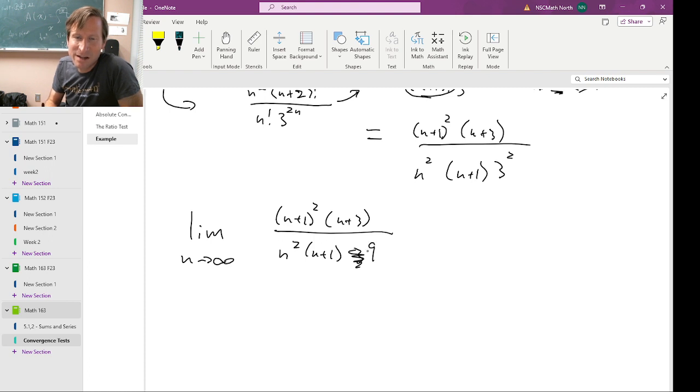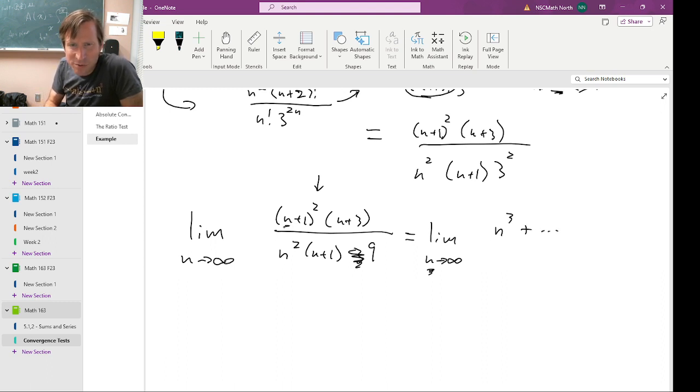Let's just write 9. Okay, now this expression is still kind of a mess, but remember, look at it, it's rational, right? We know what to do to take the limit of a rational expression as n goes to infinity. All we need to know is what is the leading term. And if you multiply out the numerator here, you get n cubed for the leading term, plus lower degree stuff, right?